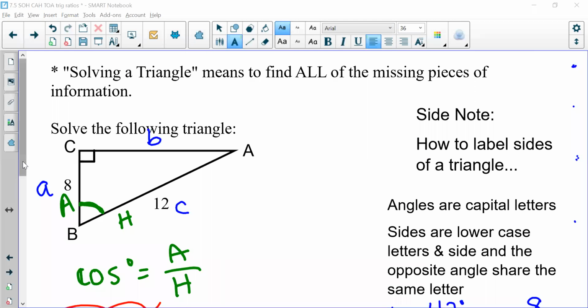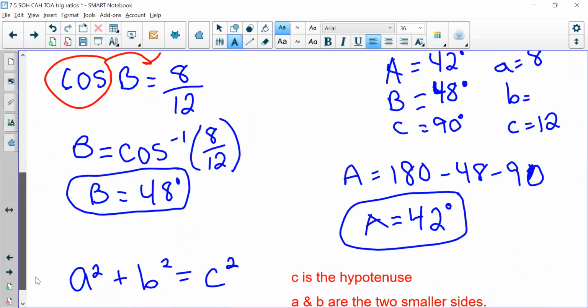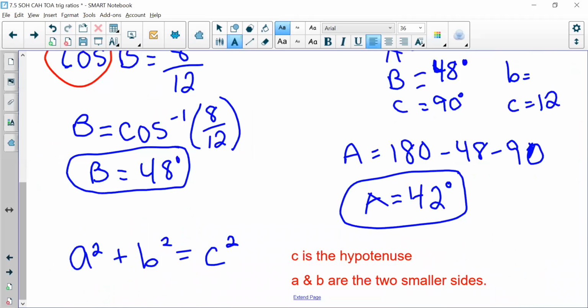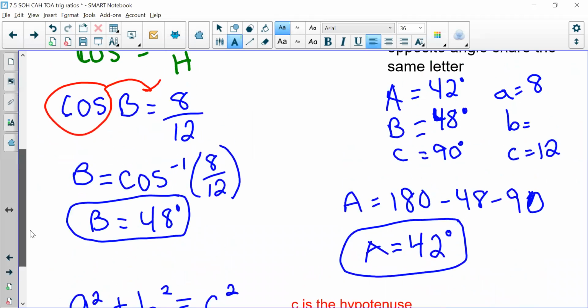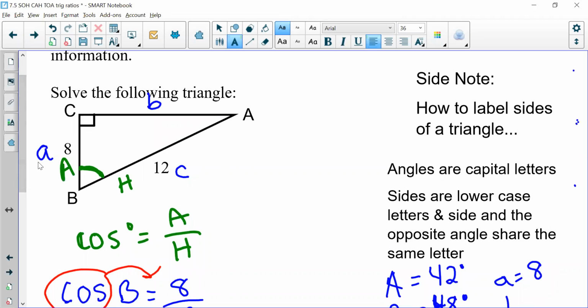Okay, so let's plug in the two short sides. Let's ignore the fact that this is an ABC triangle. What are the lengths of my two short sides of this triangle? 12 and 8.